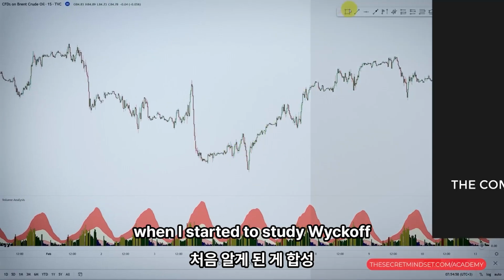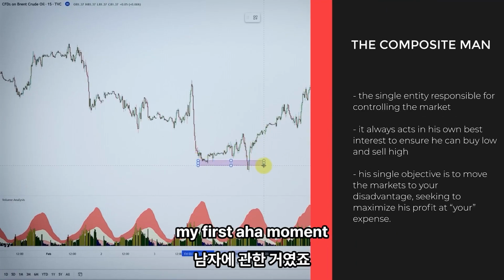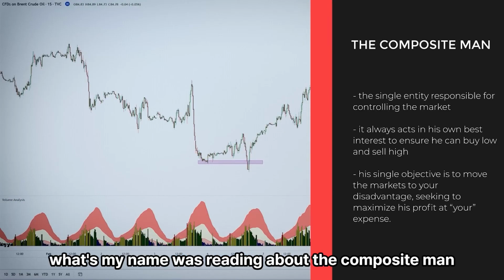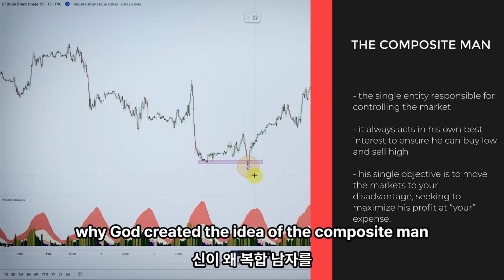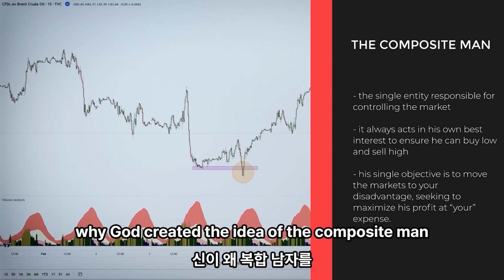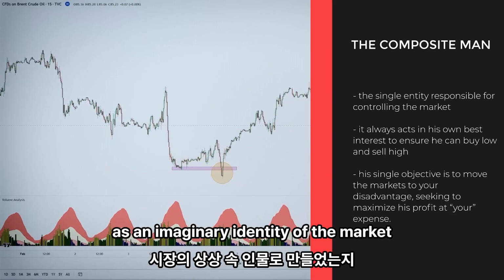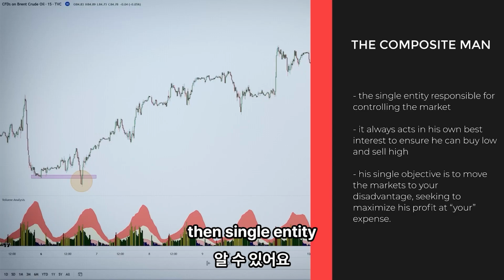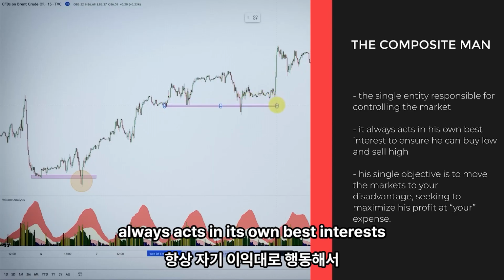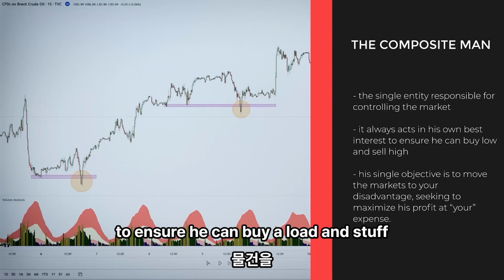When I started to study Wyckoff, my first aha moment was when I was reading about the composite man. Wyckoff created the idea of the composite man as an imaginary identity of the market. This single entity is responsible for controlling the market, and it always acts in its own best interest to ensure he can buy low and sell high.